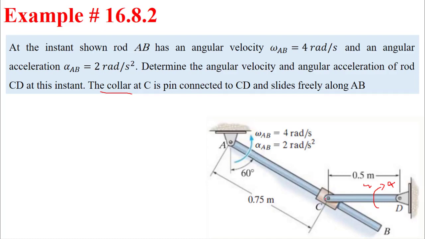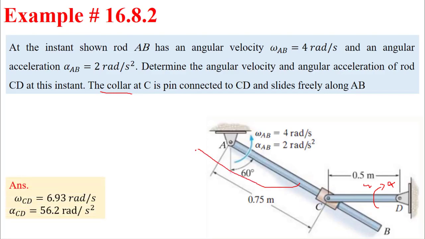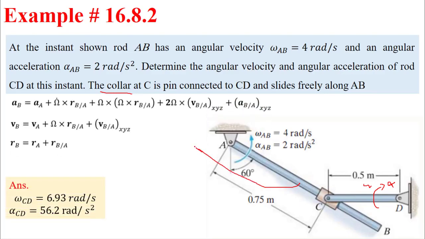And you know very well that the slider or the collar is sliding on link AB and is connected to CD. So the Coriolis effect will appear on this link. If we apply the equation, this equation will be valid only for the link AB.